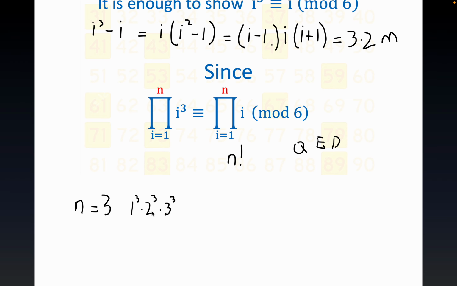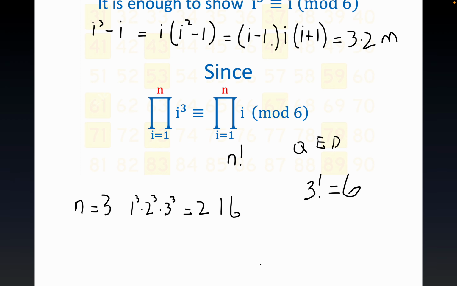And y'all, this is 8 times 27, so that's equal to 216. Now, notice that 3 factorial is equal to 6, right?